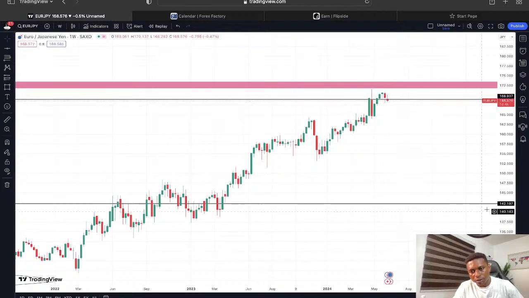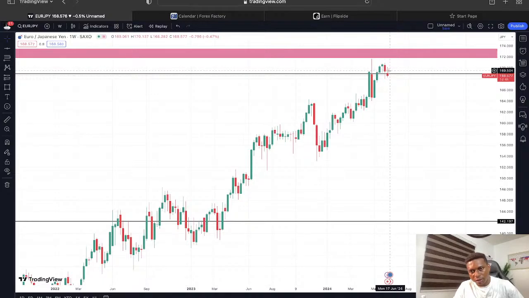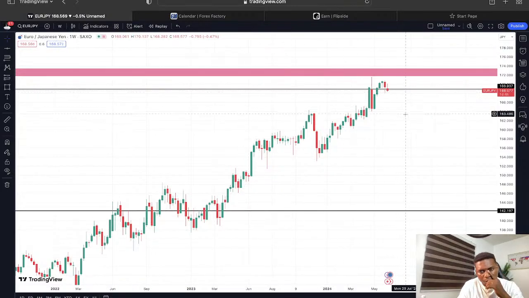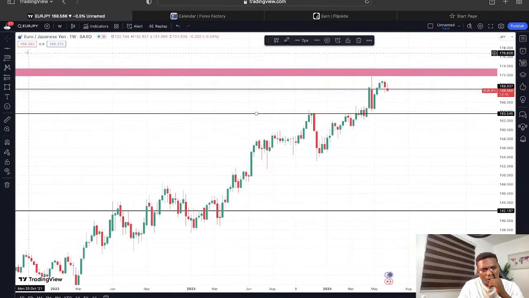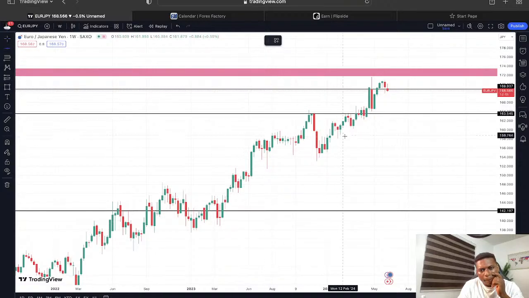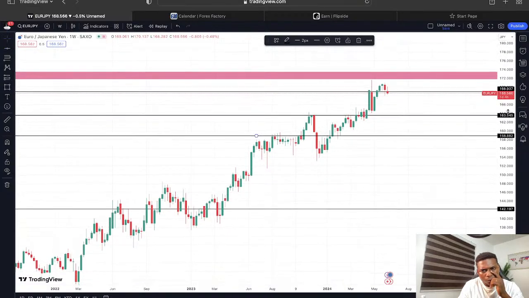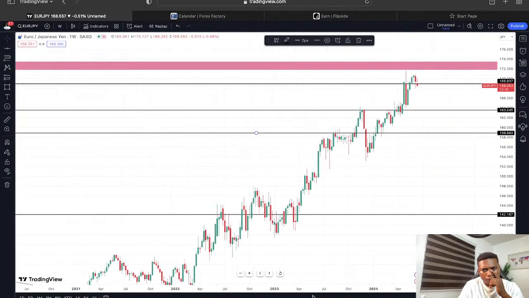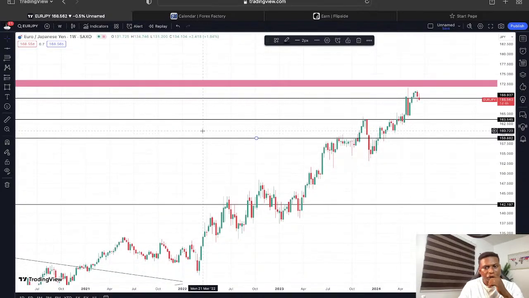Price this week and last week was bearish, and this week also is closing bearish. So this is what we might see: the Euro JPY market might continue to drop for a while. There are a few minor support zones where it might drop to, but definitely it will drop very well from here.